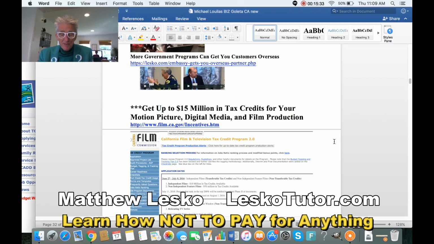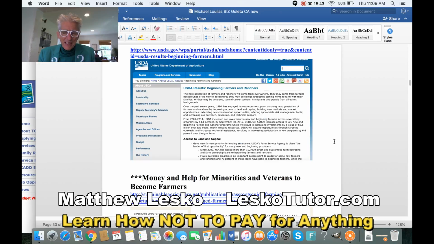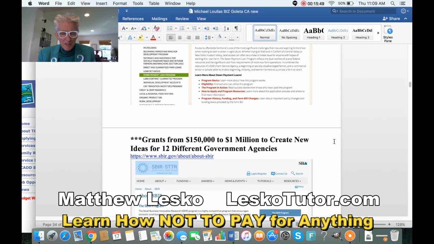And film, up to $15 million of money if you're a filmmaker. I don't think you are, but a $9,000 tax credit if you hire certain employees. So remember that. And then other things. You're in the farming business. I don't think you are, but there's a whole bunch of programs here for land, and that's really a growth area. Getting young people into land, getting money to buy land, stuff like that.